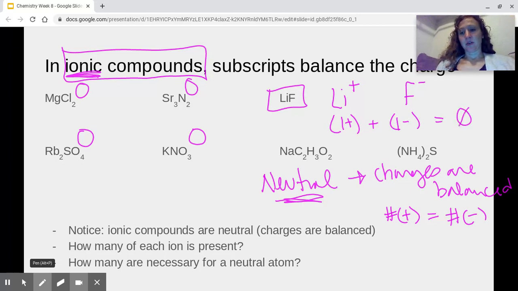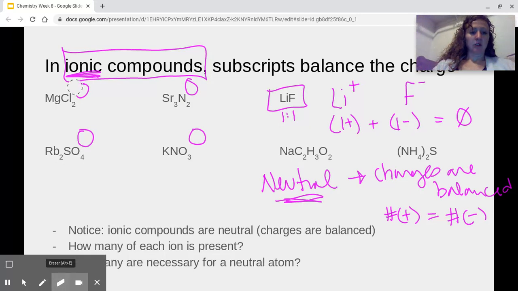It's 0. The charges are balanced. So we include subscripts. In the case of lithium fluoride, it's 1 lithium to 1 fluoride, okay, to show that that's the ratio we need in order for these charges to be balanced and have a neutral compound or a neutral lattice.